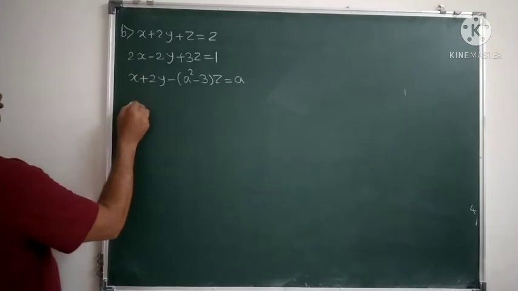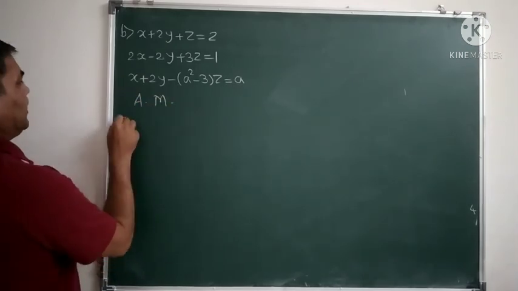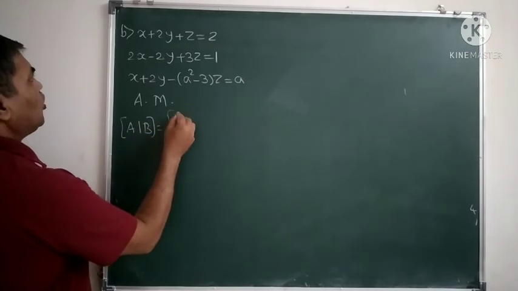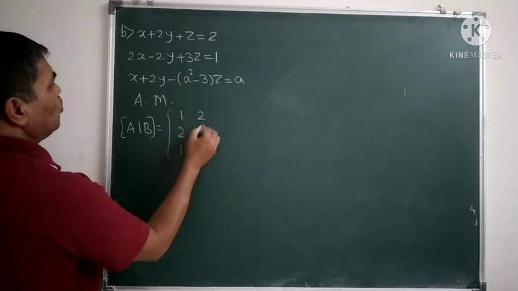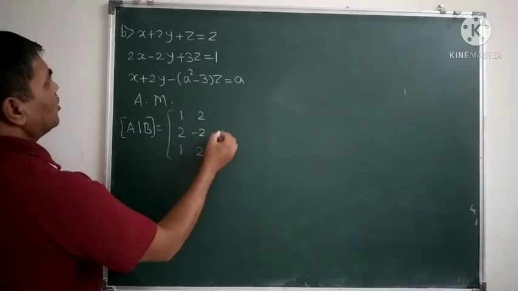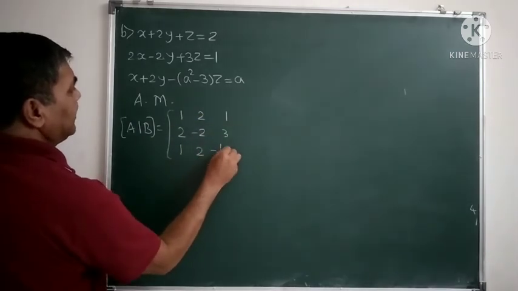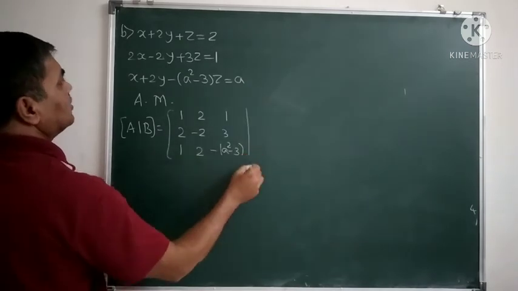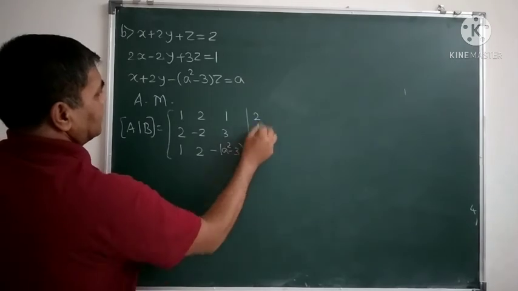So, the augmented matrix AB is equal to, what is AB? Coefficient of x: 1, 2, 1; y: 2, minus 2, 2; z: 1, 3, minus (a square minus 3); equal to 2, 1, a.